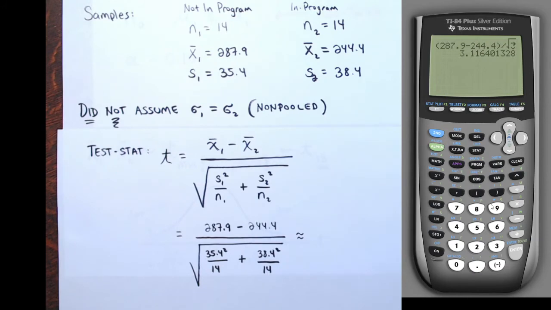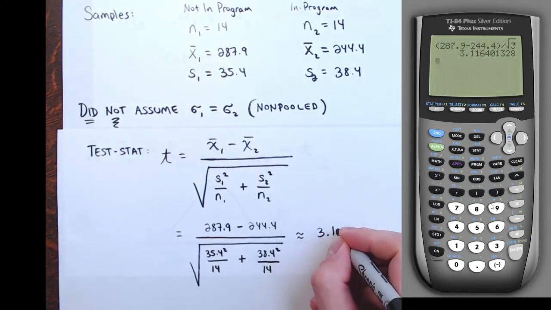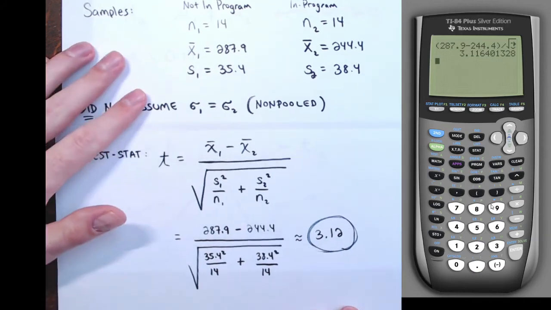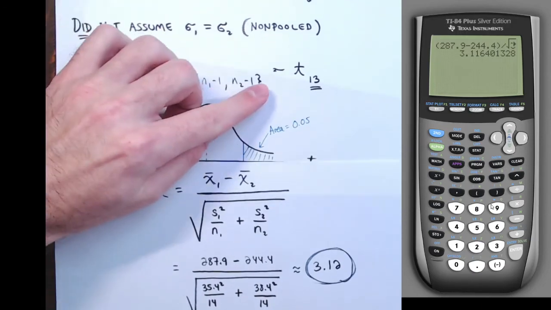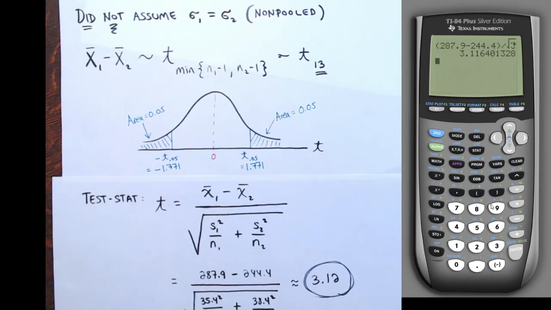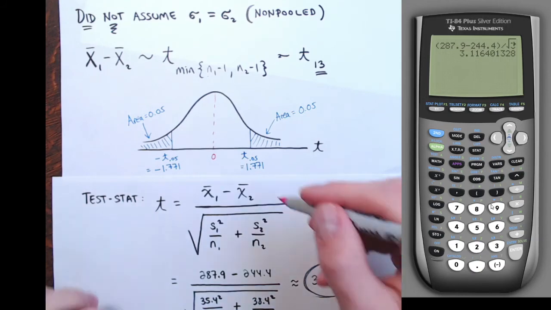So it's about 3.116, so 3.12 if I round to the nearest hundredth. So our test statistic, I'll put this on here right now. Going back to my graph of this t-distribution with 13 degrees of freedom and our rejection regions, our test statistic came back 3.12. Where would that fall?